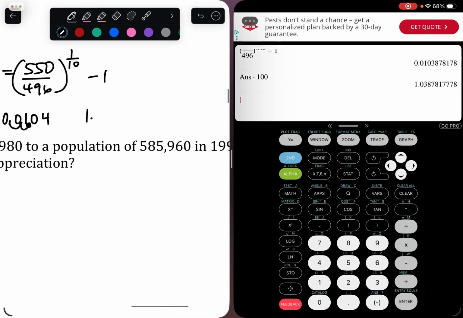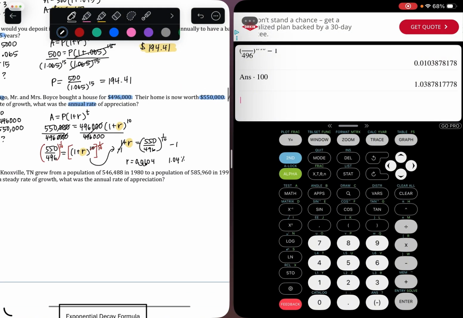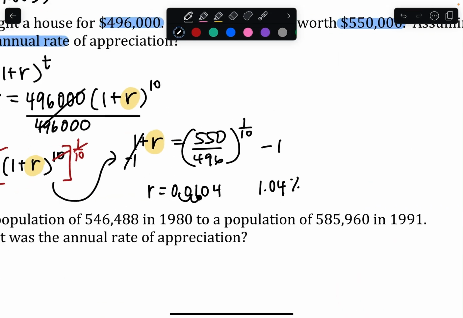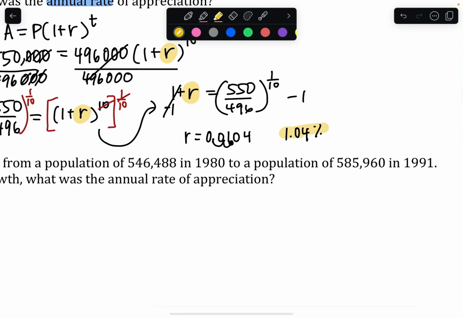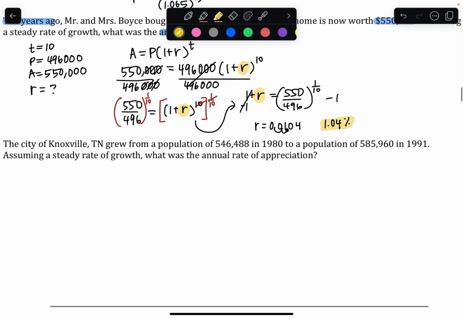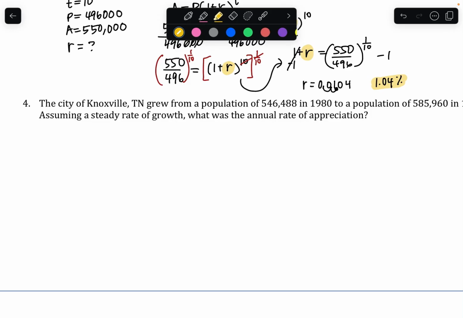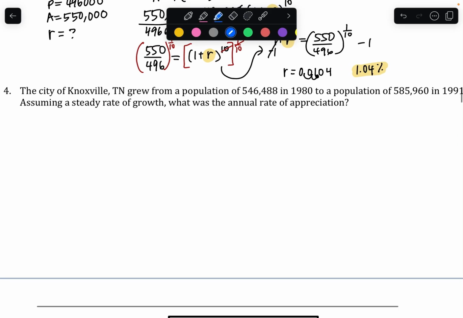And so 1.04%. And if they specify what to round to, just pay attention to that. Okay, 1.04%.